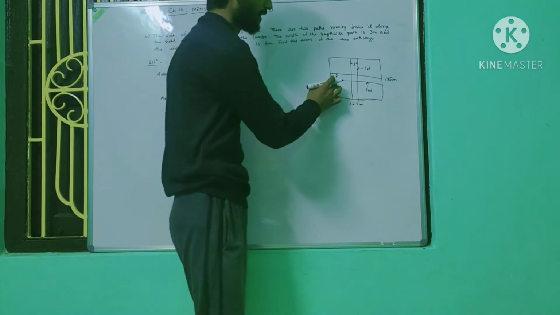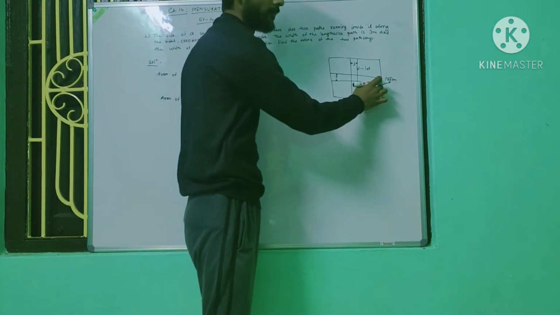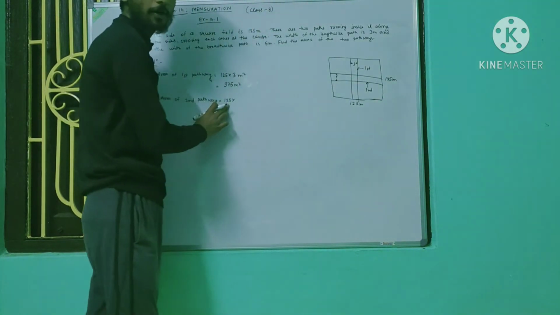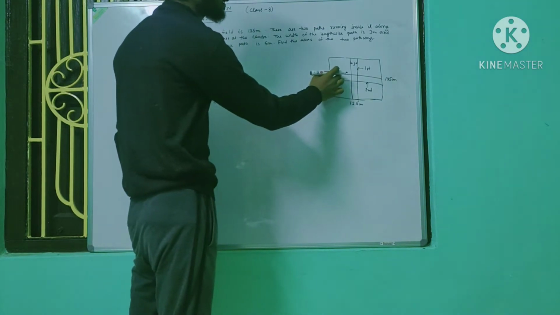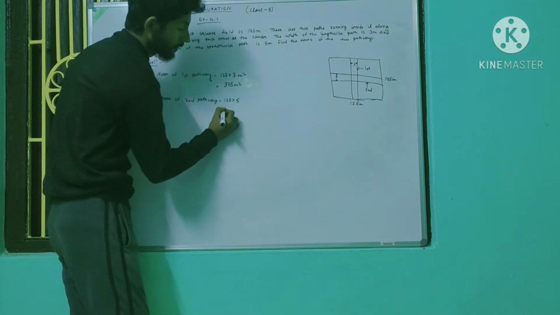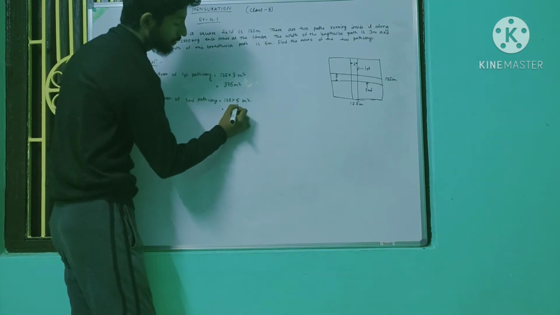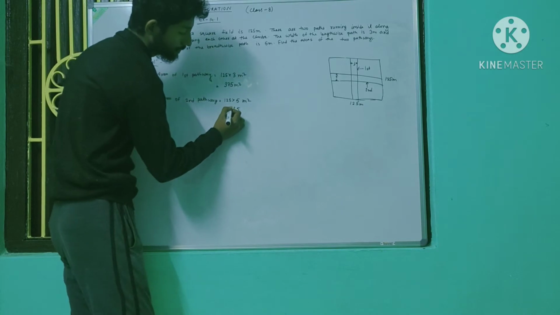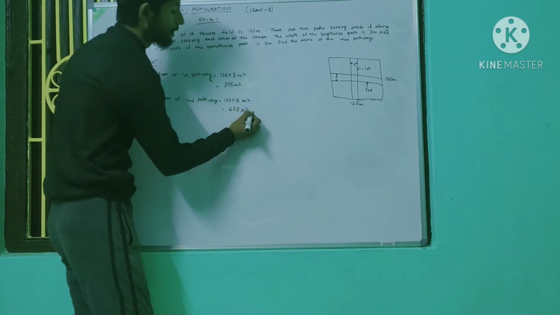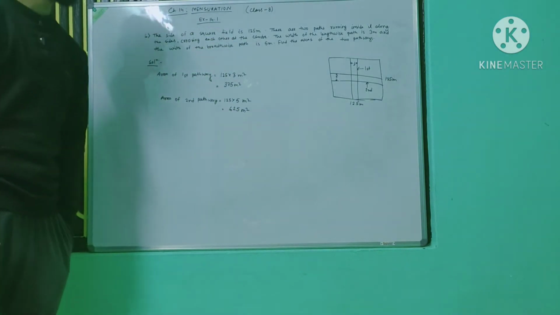Similarly, because the length is here to here, that means 125 meter, and this is 5, so it will be 625 meter square.